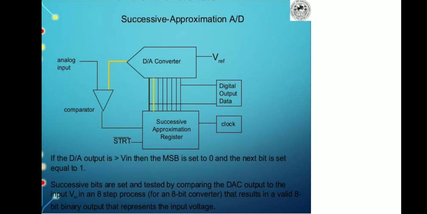If the digital to analog output voltage is greater than the input, then the MSB is set to 0 and the next bit is set equal to 1. The successive bits are set and tested by comparing the DAC output value to the input voltage Vin in an 8-step process that results in a valid 8-bit binary output.